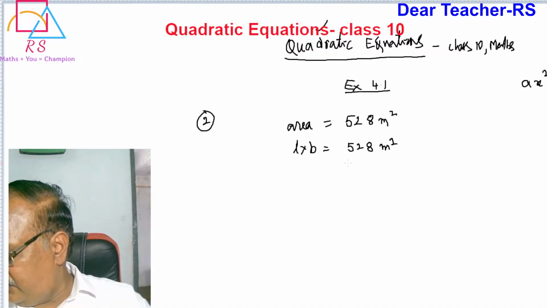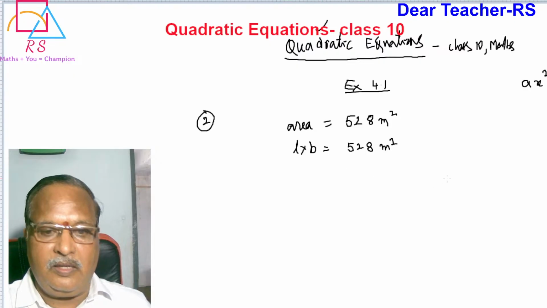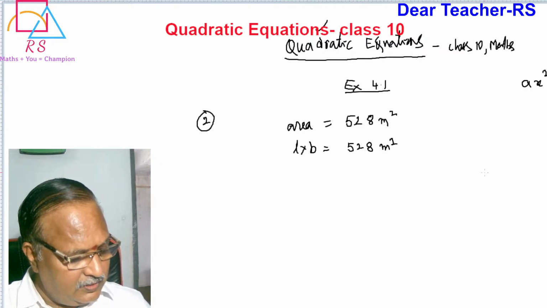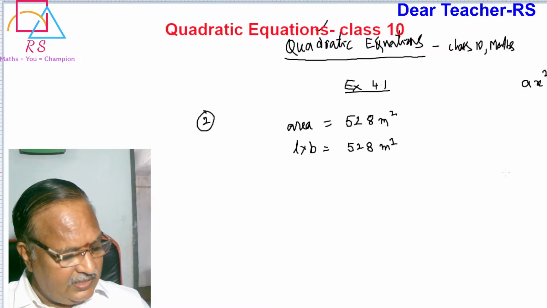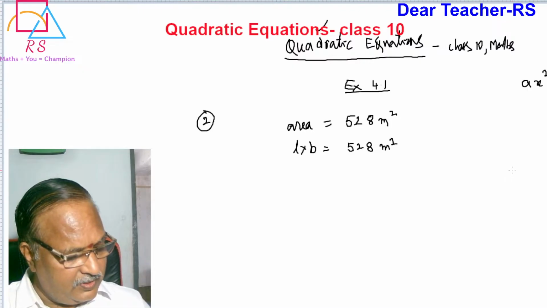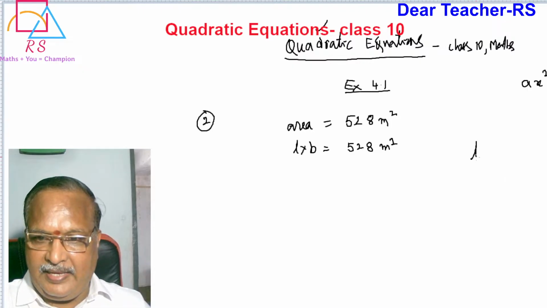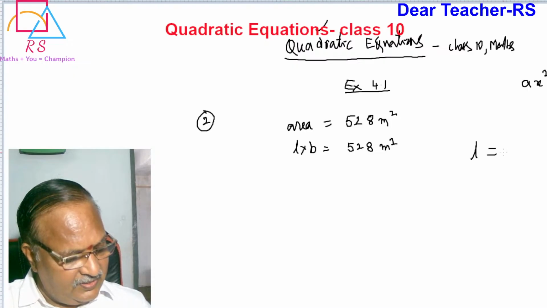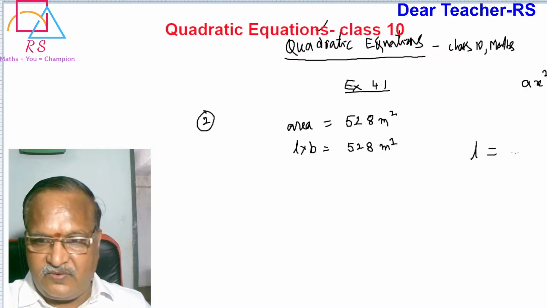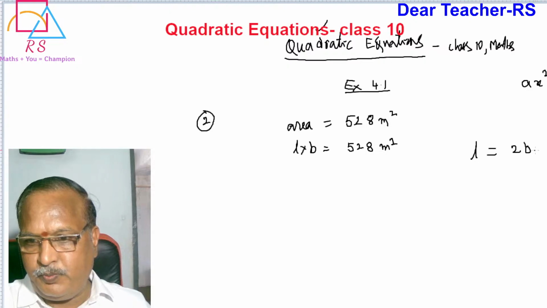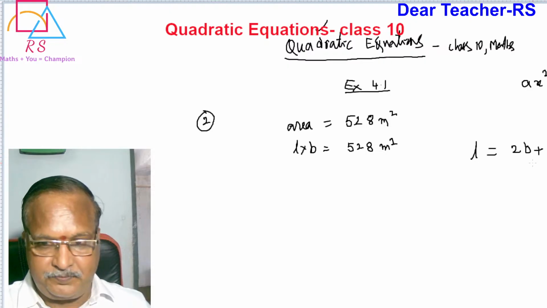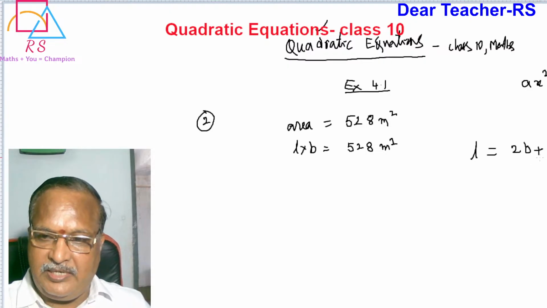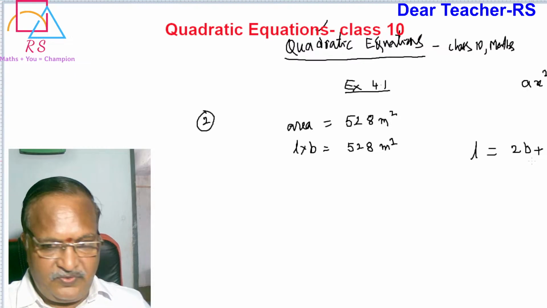Okay, so now he has given the relation between length and breadth. Length is 1 more than twice of its breadth. So L is 2b plus 1. 1 more than means 1 plus twice of its breadth.